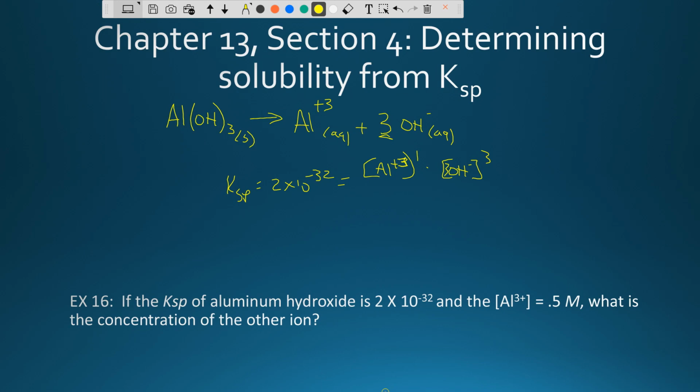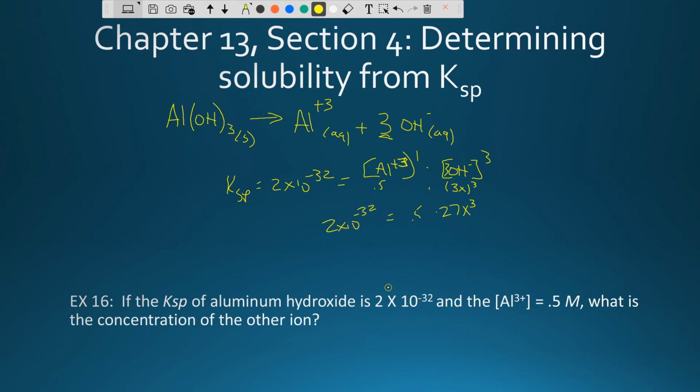Plugging values in, this was 0.5. This is my unknown, but notice it's going to be 3x. So 3x cubed, if I cube my 3, 3 times 3 is 9, times 3 is 27. That's 27x cubed times my 0.5, and that will equal my 2 times 10 to the negative 32.